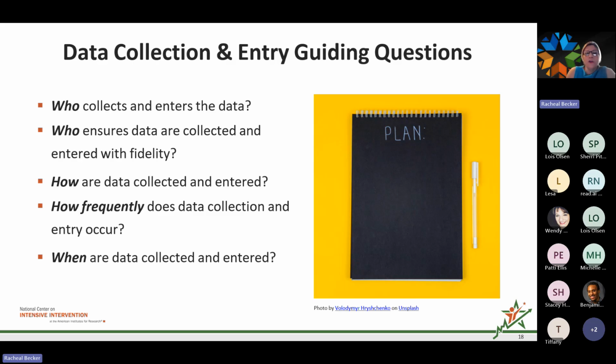We want to know who collects the data and who enters the data, who ensures that the data are collected and entered with fidelity, how are data collected and entered, how frequently does the data collection and entry need to occur, and when are data collected and entered. You don't want to wait to figure these answers out on the fly. Teams need to work together to figure out who is going to do what, and NCII has some great tools to help with this as well.